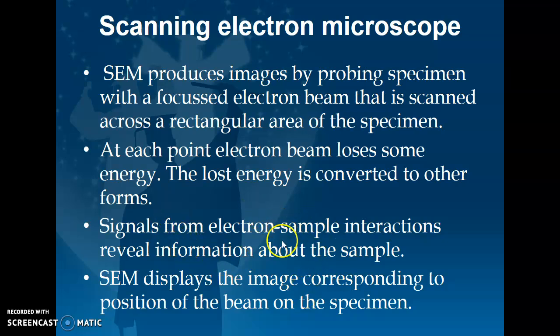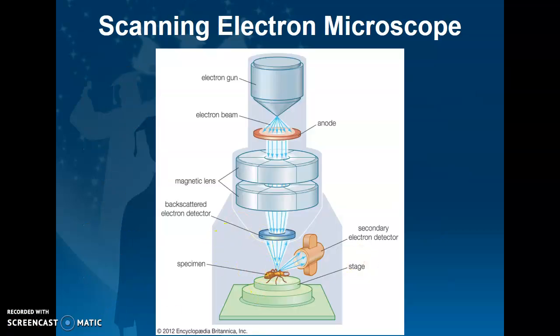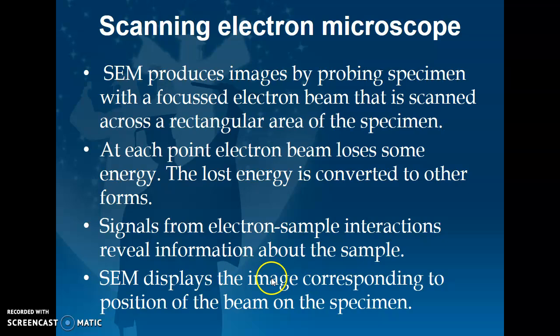The signals from the electron-sample interactions reveal information about the sample. That means they give information about the external texture, the chemical composition, or the crystalline structure and orientation of the materials making up the sample.